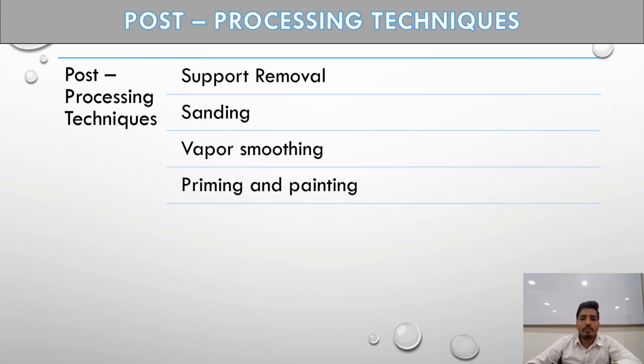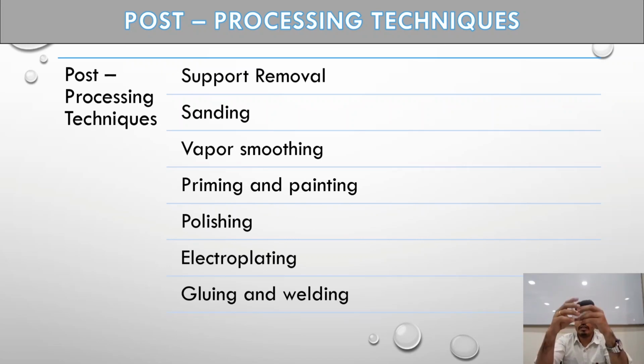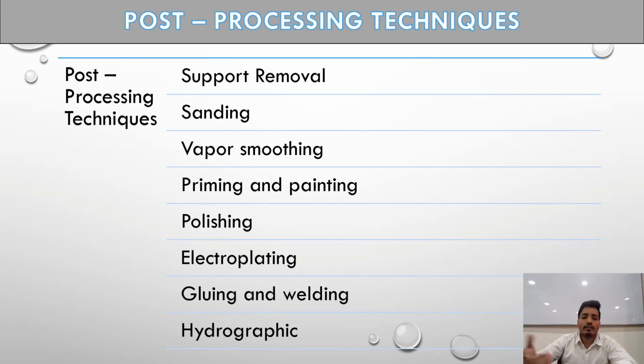Priming and painting, you have to paint the object if required. Polishing, electroplating. Then gluing and welding, if you have made two parts, for joining them. And hydrophobic treatment, if you want to make it resistant to moisture, you have to do some hydrophobic coating.